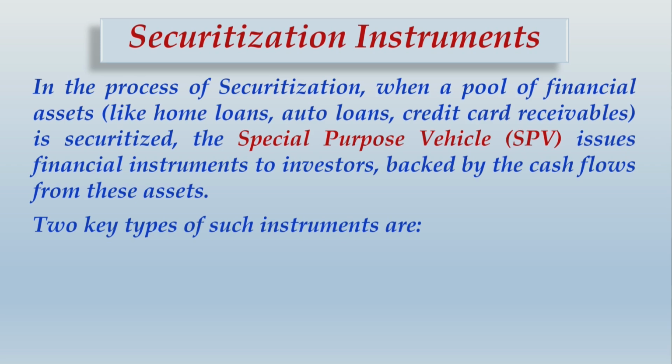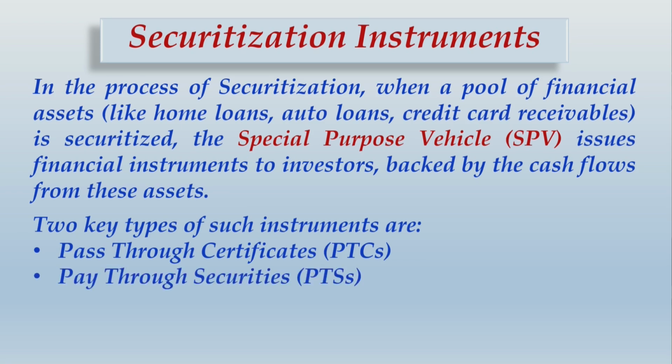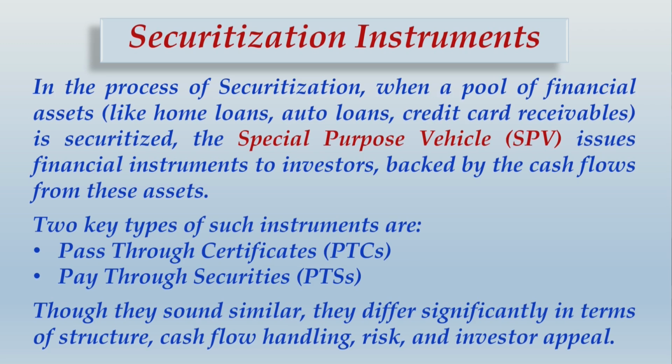Two key types of such instruments are pass-through certificates, that is PTCs, and pay-through securities, that is PTSs. Though they sound similar, they differ significantly in terms of structure, cash flow handling, risk and investor appeal.